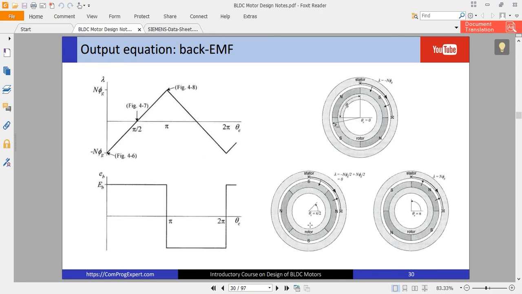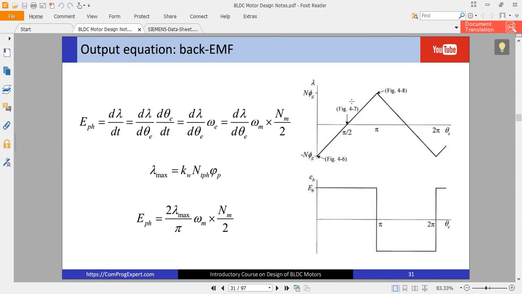So this was for one coil, but when we have distributed coils and winding, we can use a similar concept. The phase back EMF is equal to d lambda dt, the derivative of flux linkage, and if I expand this derivative, I can change the variable time and rewrite it in terms of electrical degrees.